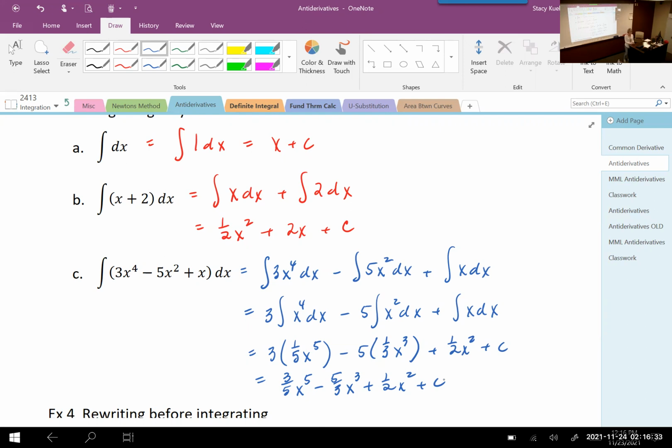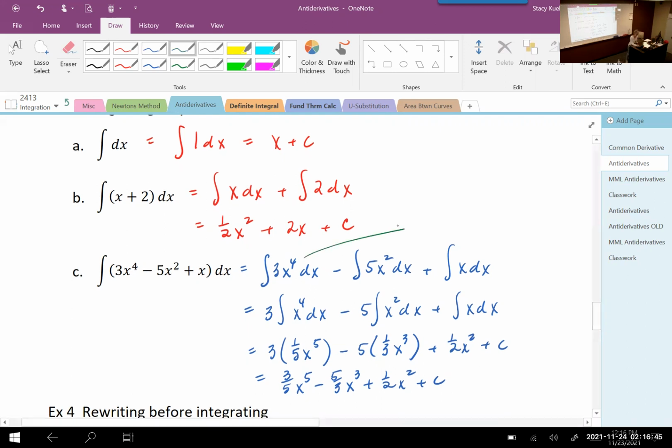The constant multiple rule, all it's saying is pull the constant off, use the power rule, and stick the thing back on. From here, if you had this as, what would that be? That would be 1/5 x to the 5th, right?